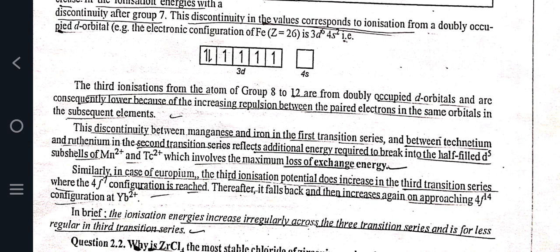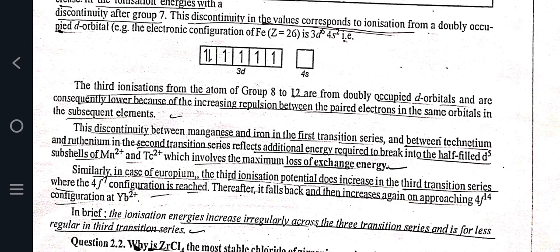This discontinuity between manganese and iron in the first transition series, and between technetium and ruthenium in the second transition series, reflects the additional energy required to break into the half-filled d5 subshell in Mn2+ and Tc2+, which involves the maximum loss of exchange energy.